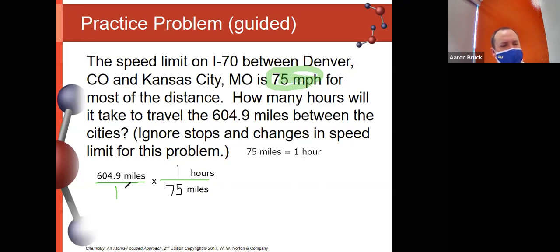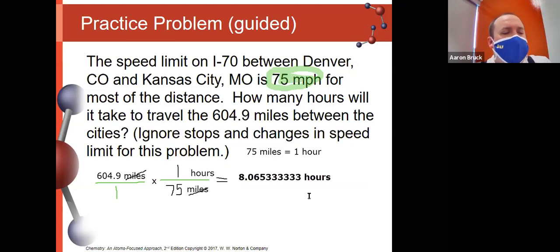And I can see that in doing so, no unit in the denominator here, so it doesn't cancel with anything. Miles in the numerator here, miles in the denominator there, they cancel out. End result, 604.9 divided by 75. And the calculator spits out this, 8.06533333 hours.